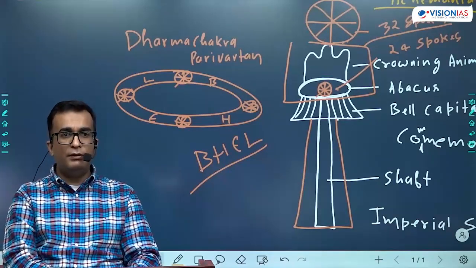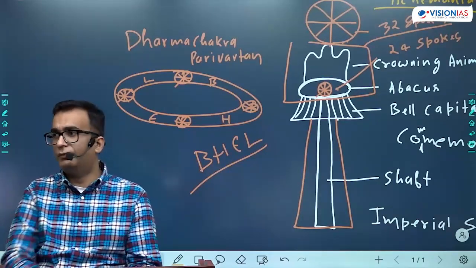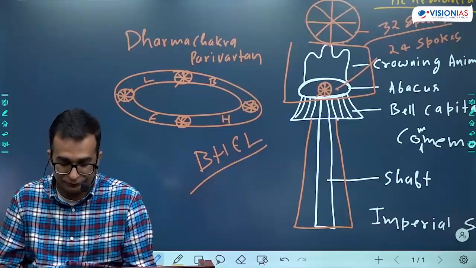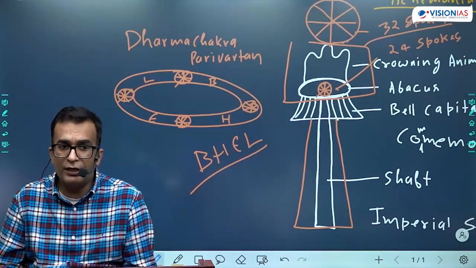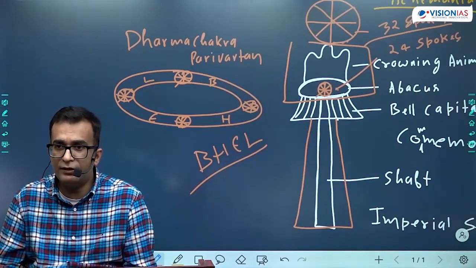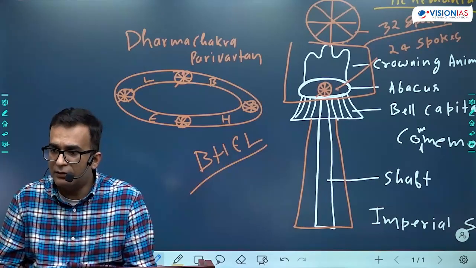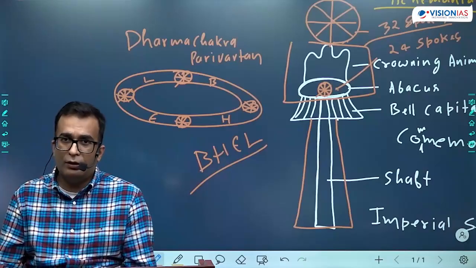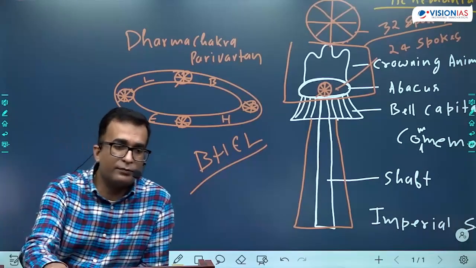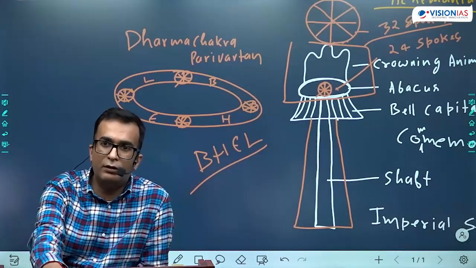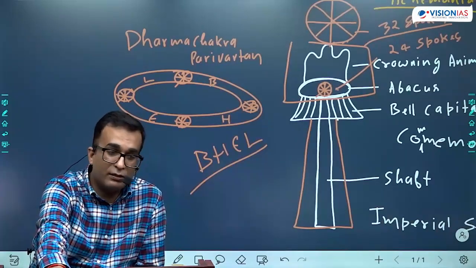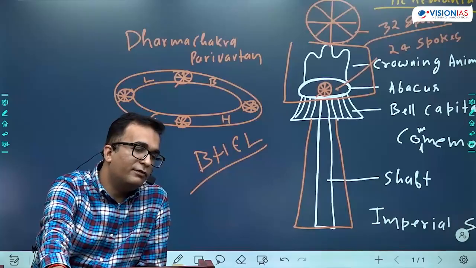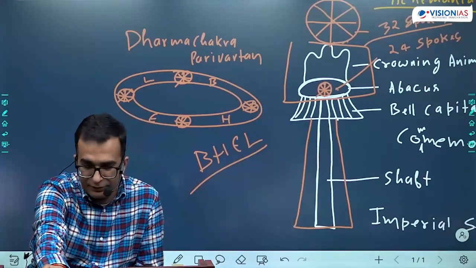And in between them, 4 animals are depicted, that is bull, horse, elephant and lion.